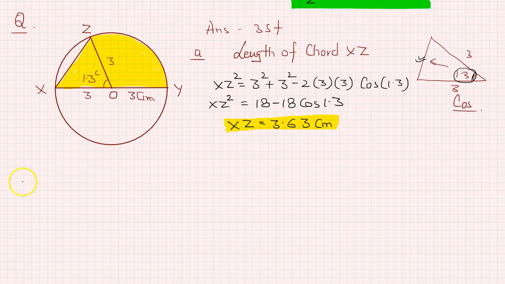Now we move to the second question, question number B. The perimeter of the template XZYX.